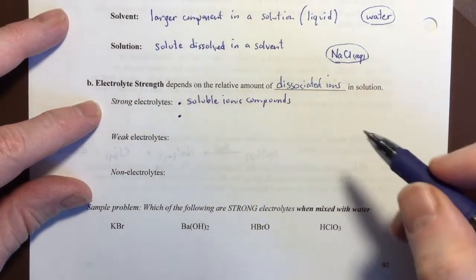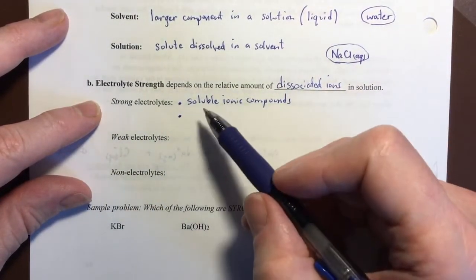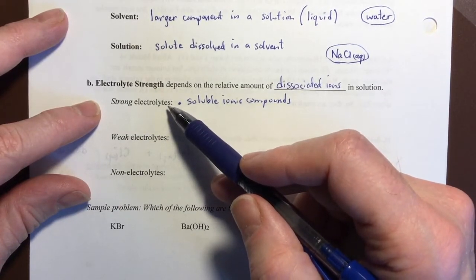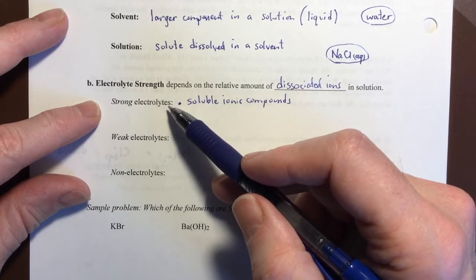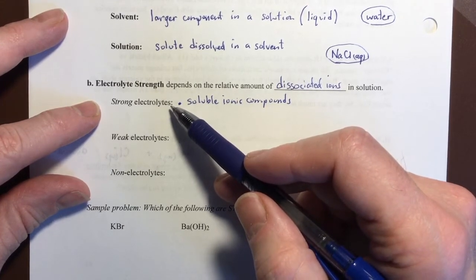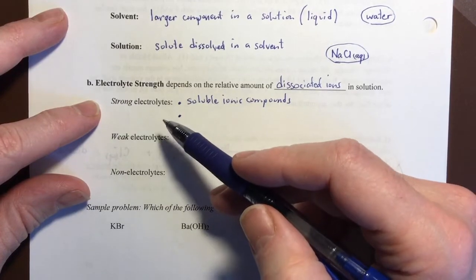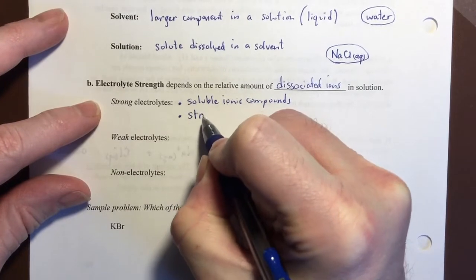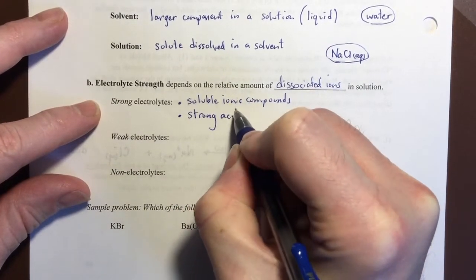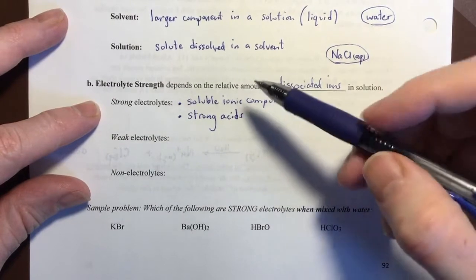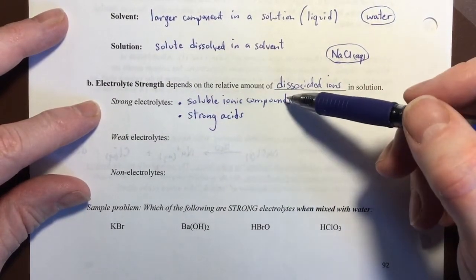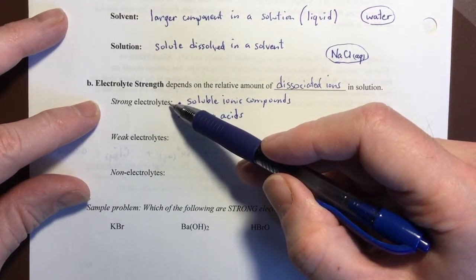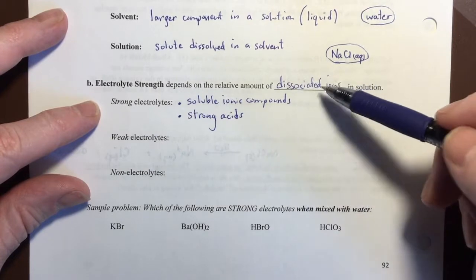Another category, well, we've talked about strong and weak acids, and the definition of a strong acid is that they dissociate completely, right? So if you have a strong acid, then you're going to have a lot of dissociated ions in solution. So soluble ionic compounds and strong acids give us strong electrolytes because both of them give us lots of dissociated ions.